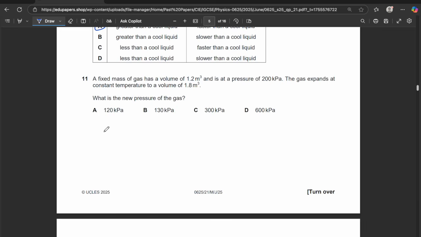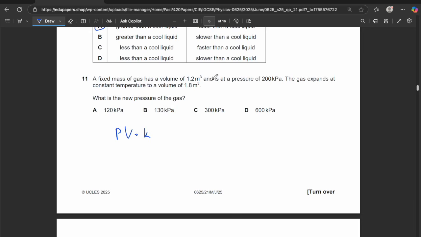11. A fixed mass of gas has a volume of 1.2 m³ and is at a pressure of 200 kilopascals. The gas expands at a constant temperature to a volume of 1.8 m³. What is the new pressure of the gas? And we have this equation, PV is equal to constant.